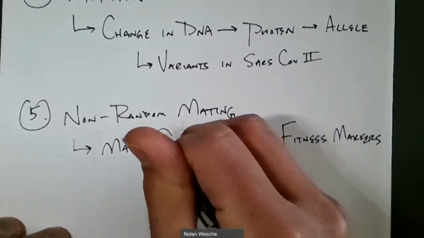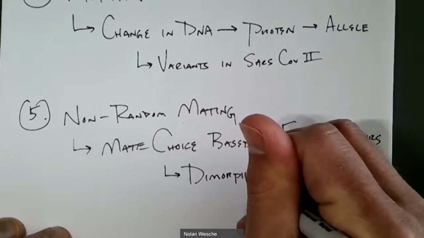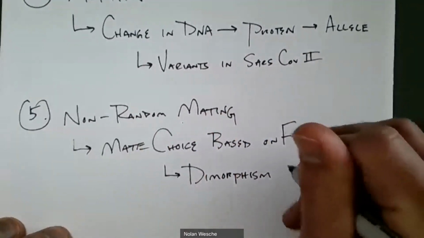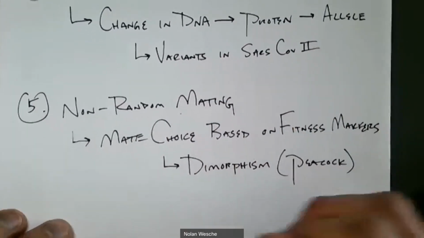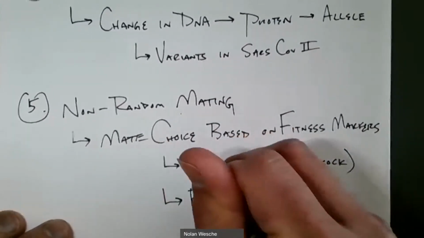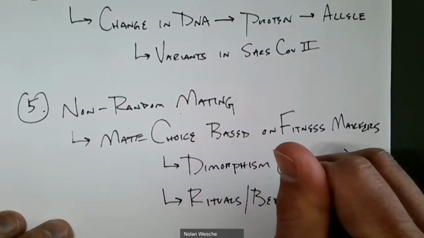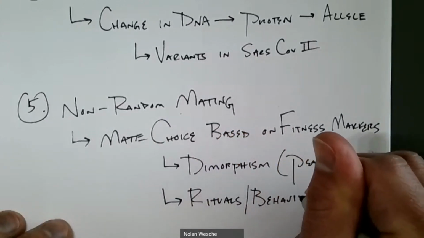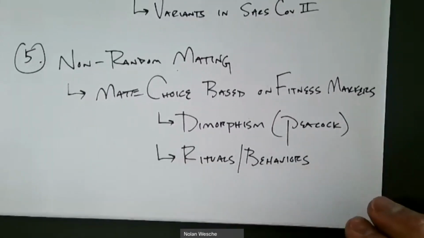And we said that this could lead to something we call dimorphism, like we see with the peacock, or rituals or behaviors that are done to show dominance in terms of mating.